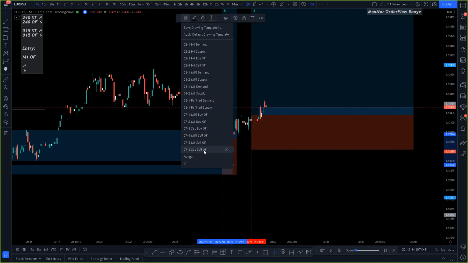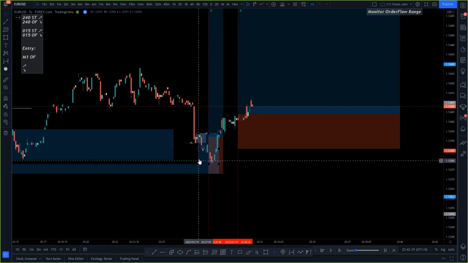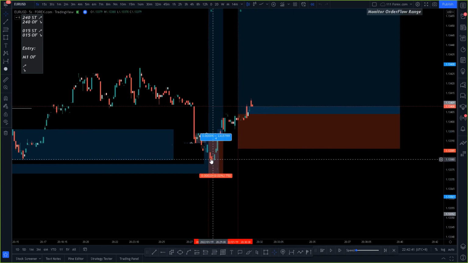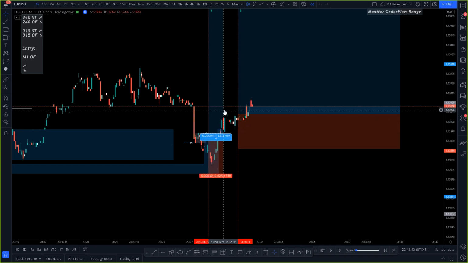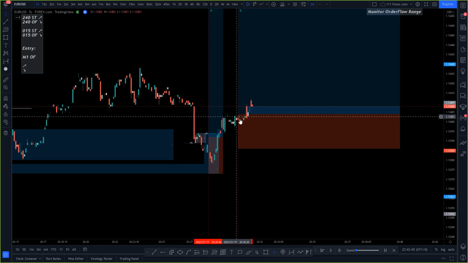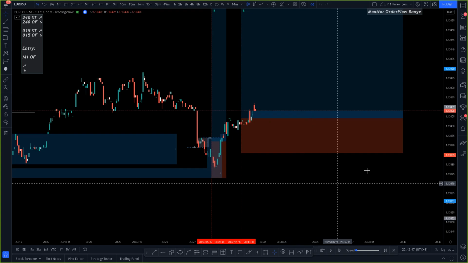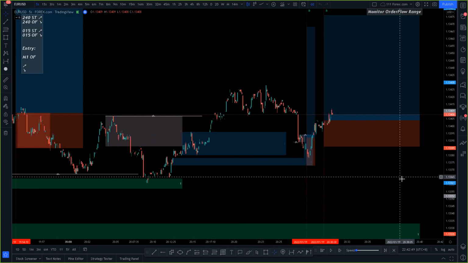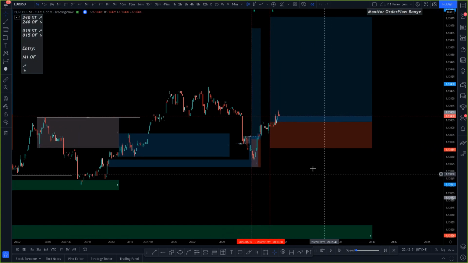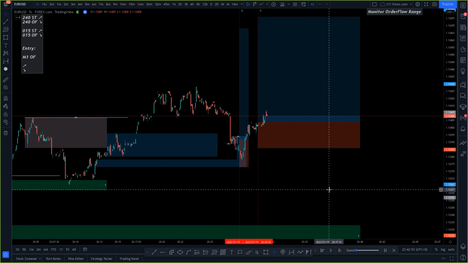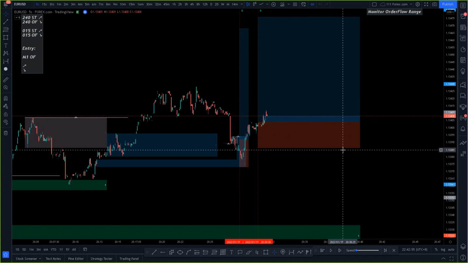We buy order flow. Buy order flow, buy order flow, buy order flow. I enter here. But this trade was not good because it didn't flip anything, right?